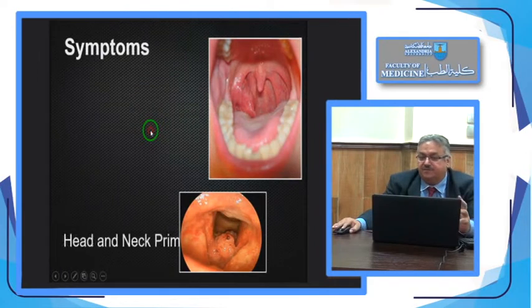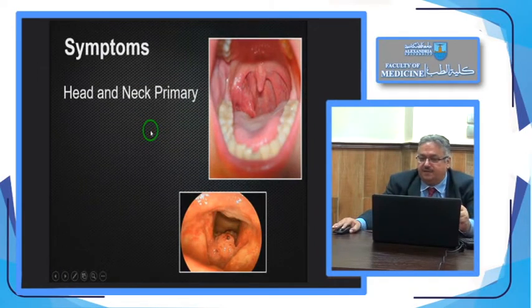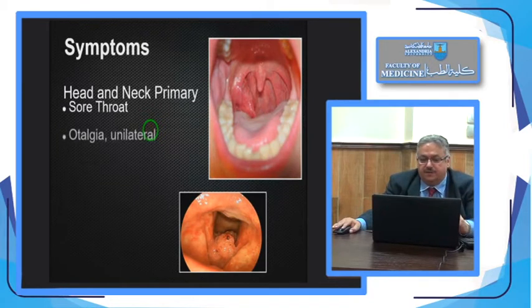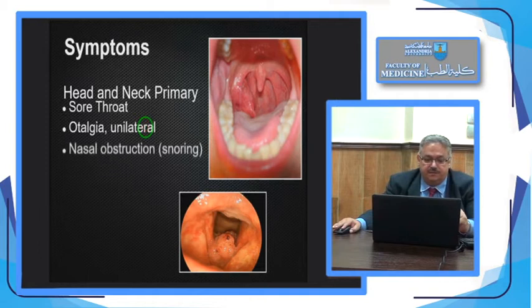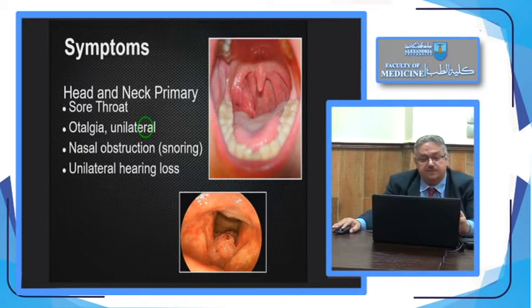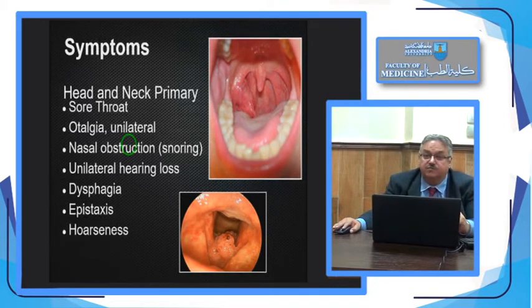So, what are the symptoms of head and neck primaries? Sore throat, otalgia, especially if it is unilateral, nasal obstruction leads to snoring, unilateral hearing loss, dysphagia, epistaxis, hoarseness of voice, and hemoptysis.